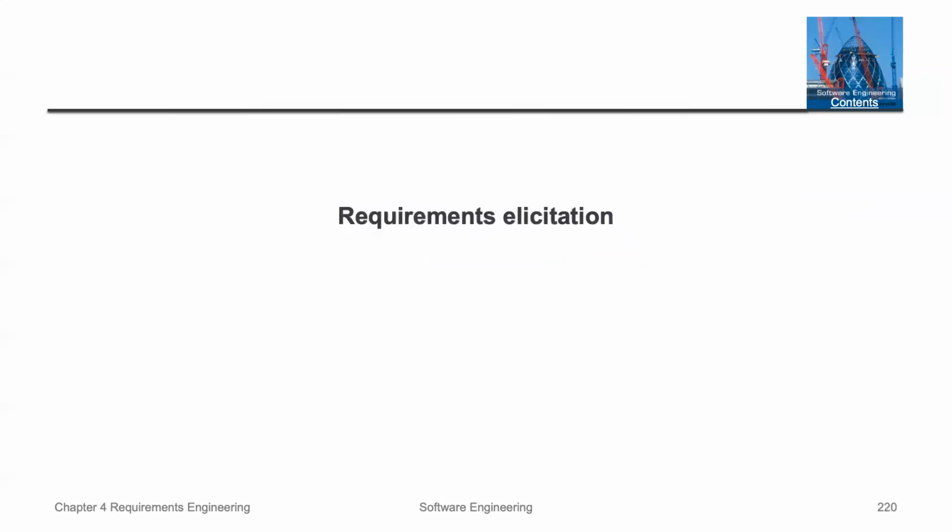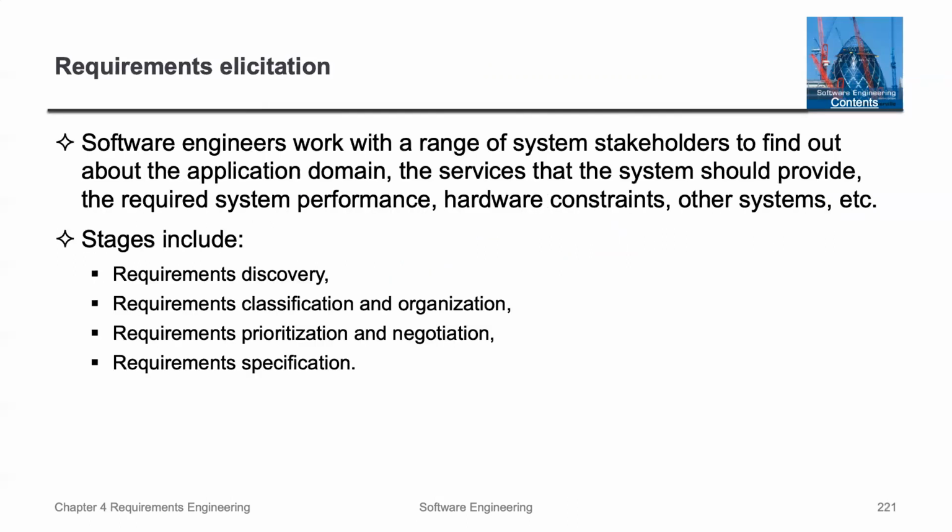These are called the stakeholders. In elicitation, the software engineers work with a range of system stakeholders to find out about the application domain, the services that the system should provide, the required system performance, hardware constraints, and other systems. The stages include the discovery, the classification and organization, the prioritization and negotiation, and finally the specification.